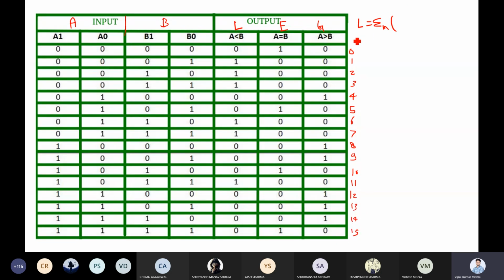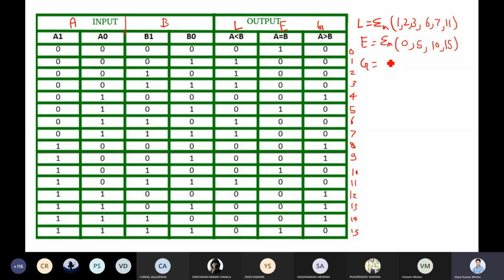Right. So can you give the min terms of L? 1, 2, 3, 6, 7 and 11. Right. What about E? 0, 5, 10, 15.